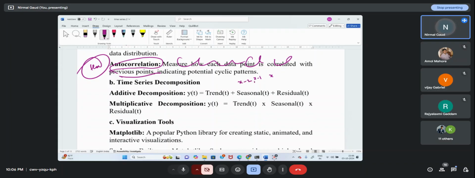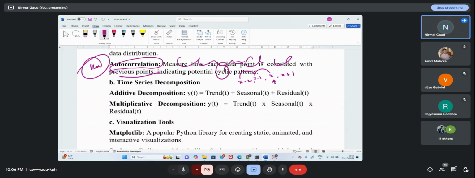If someone asks you what will be the next one, you can say X plus 1. Because today is X, one is reduced on the previous day, one is further reduced the day before, that means there is a gap of 1. So autocorrelation means finding the correlation between the current point and the previous point.